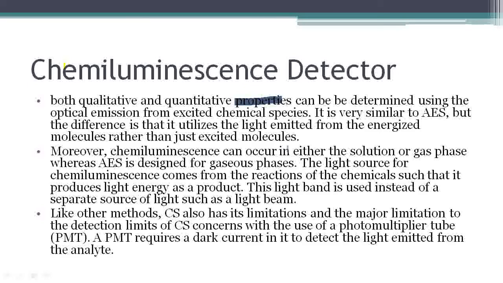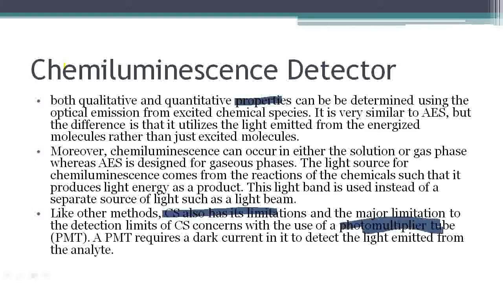The light source for chemiluminescence comes from the reactions of the chemicals such that they produce light energy as a product. Okay, light is detected instead of current or anything else, but chemiluminescence has its limitations too. Major limitation is use of photomultiplier tube.